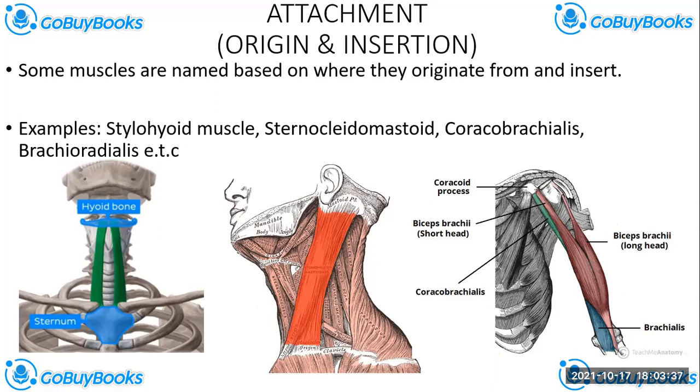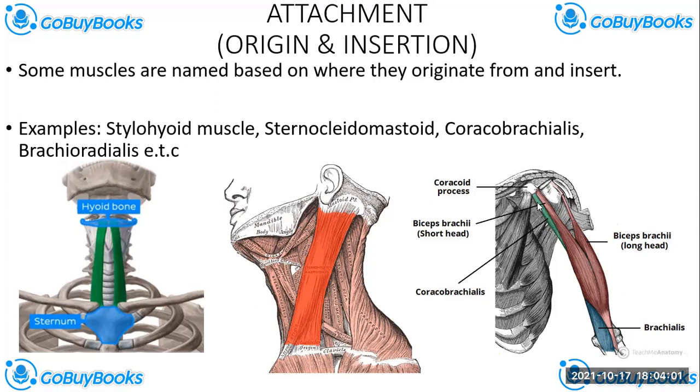Moving on, we have other examples. We have brachioradialis, coracobrachialis, but let me also explain coracobrachialis, because when you do your upper limbs, it's part of the muscles of the anterior compartment of the arm. It's part of what you will come across. Coracobrachialis is coming from the coracoid process. This is the coracoid process, as you can see.